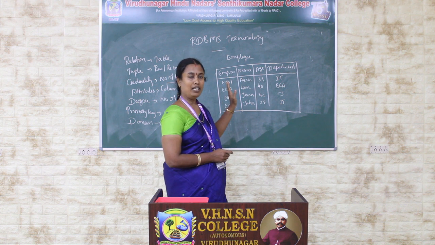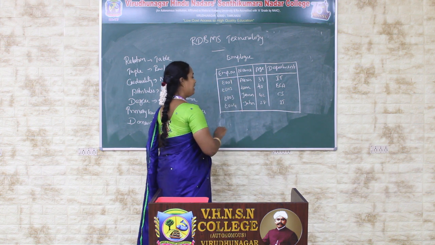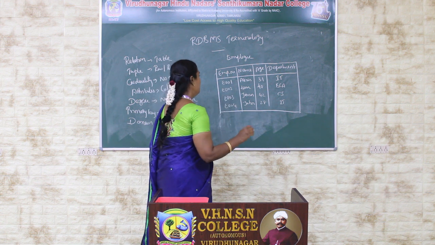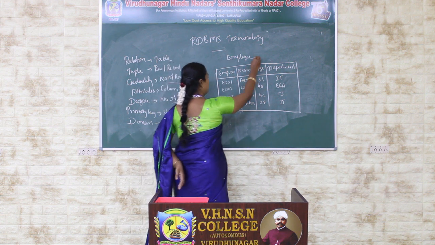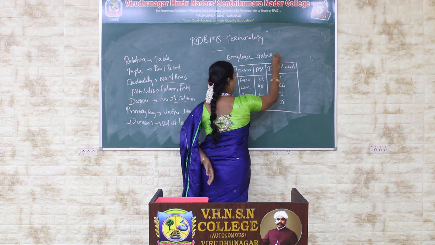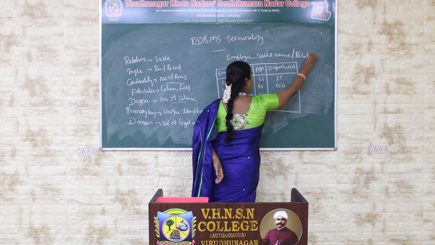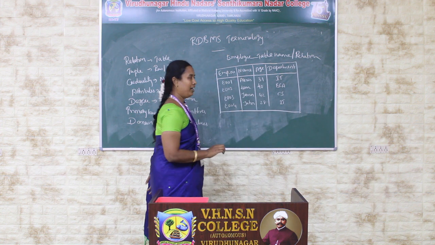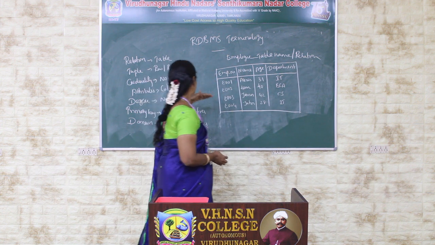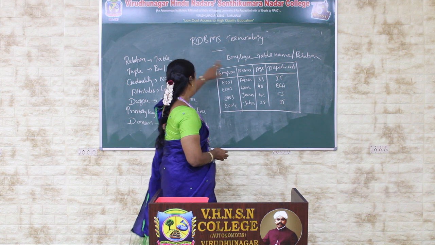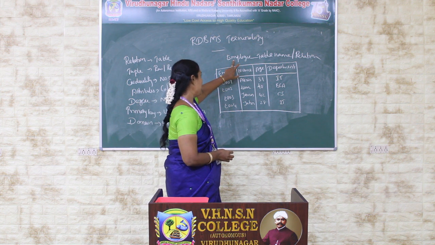Now let us see with a proper example. I can take an employee table. So here employee is the table name, or I can call it a relation. So the table name is also called the name of the relation. Then let us see one by one. Here the relation is the employee.